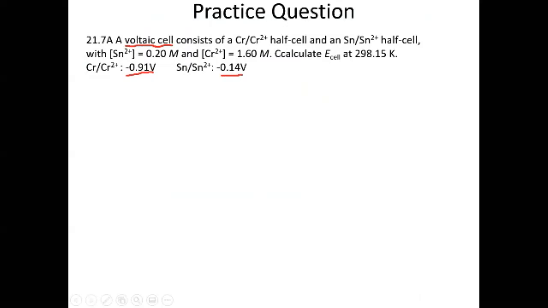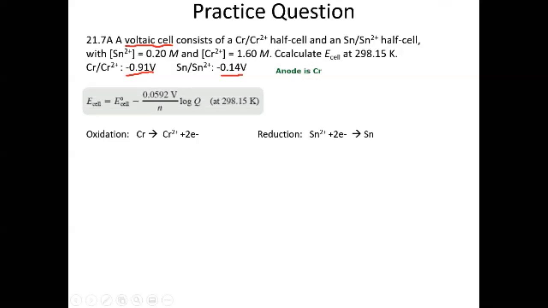So our anode is going to be chromium, because it has the more negative reduction potential, so it's going to get oxidized. So we're going to use this equation. We need to determine the moles of electrons and Q, and also the standard cell potential. So oxidation is chromium, because it has the more negative reduction potential. Tin is being reduced because it has the more positive reduction potential.